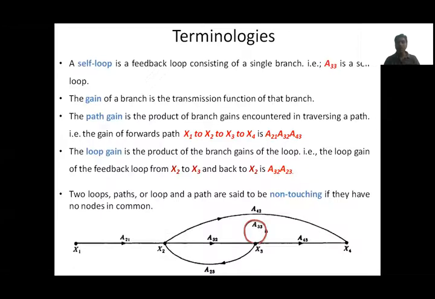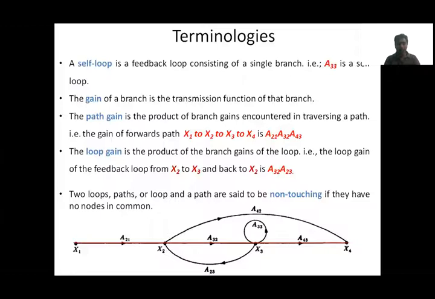The gain of all the branches covering a path is called the gain of that path. If the path has more branches, then the path gain is the product of all the gains in the path.